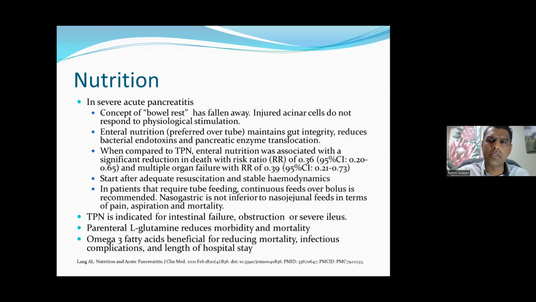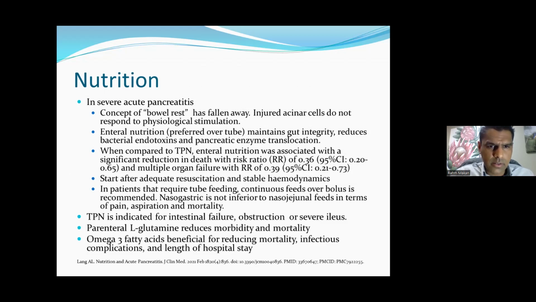It maintains gut integrity, reduces bacterial endotoxin formation, as well as the translocation of the pancreatic enzymes. When compared to TPN, enteral nutrition was associated with a significant reduction in death, with a risk ratio of 0.36, and in organ failure, with a risk ratio of 0.39.